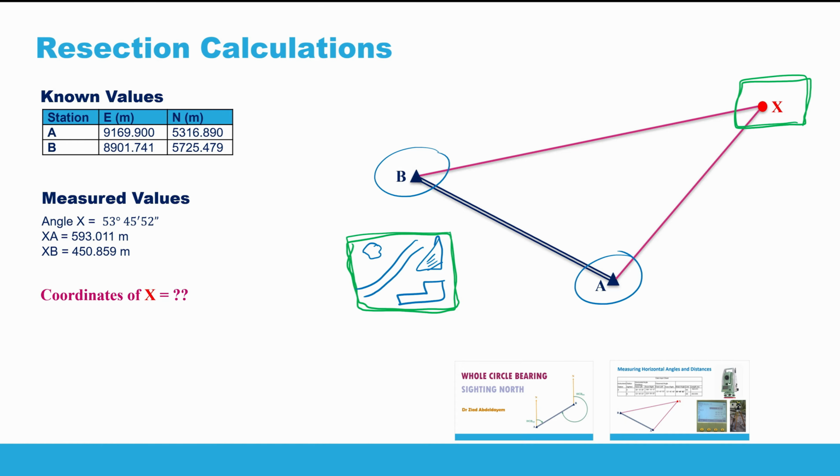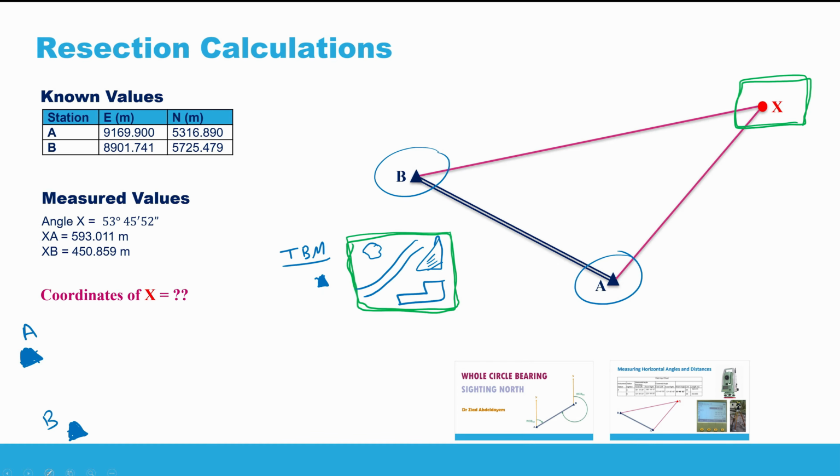For example, let's say the closest stations are here. This is station, let's call it A, and you have another station here, B, and these two stations are too far from your project location. So because of that, it's good to set up here a temporary benchmark, a temporary survey station that is very close to your project so that you can use it to do all the work that you need.